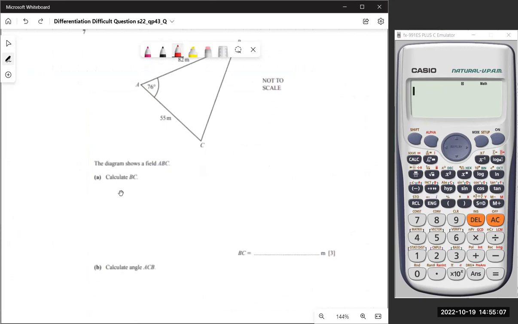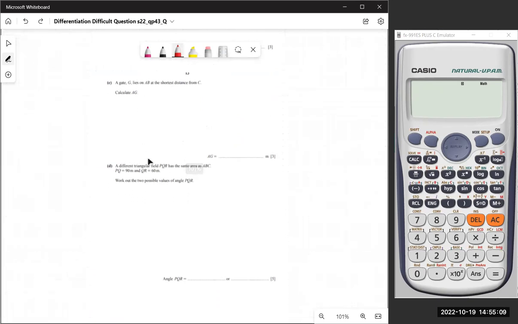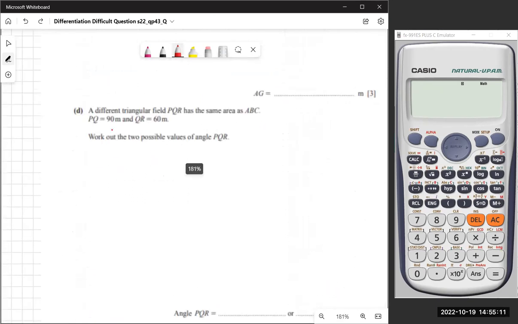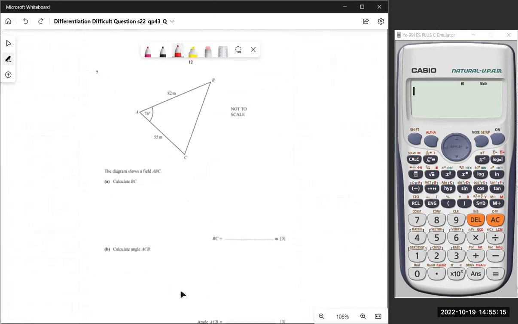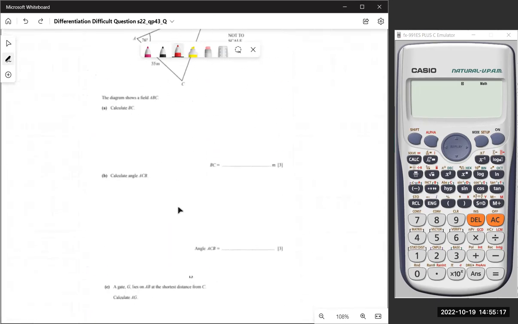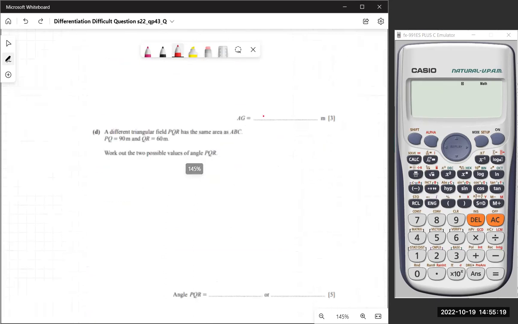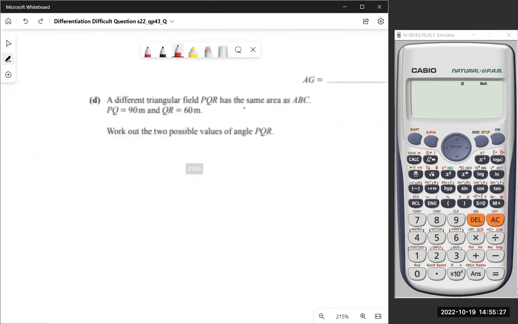Question number 7. Which part? D. Wait, is this vectors? Oh, angle properties, not vectors. Now we're not doing that. We're just going through some rough questions. Now look at this one. It has area as this much.